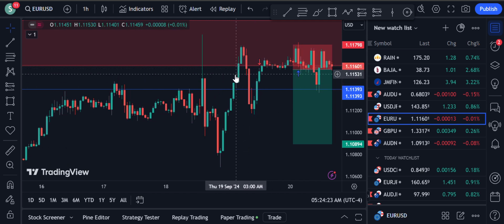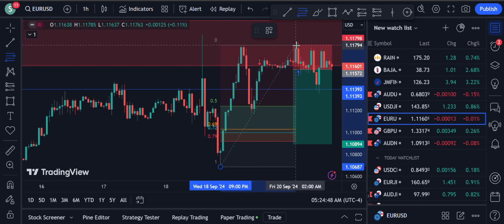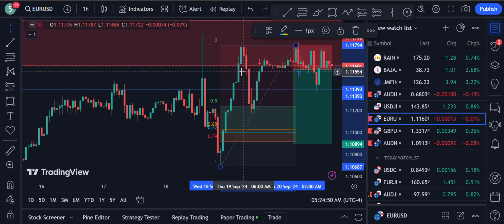So we could have taken a trade here, and here. Why I'm not saying here is because we see it's just mitigated and again entered the daily supply zone. And this demand zone is not at a discount level, it's in the premium zone.